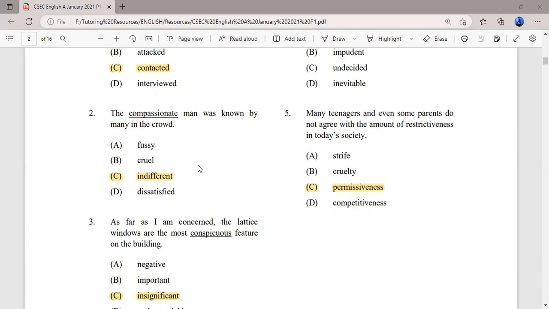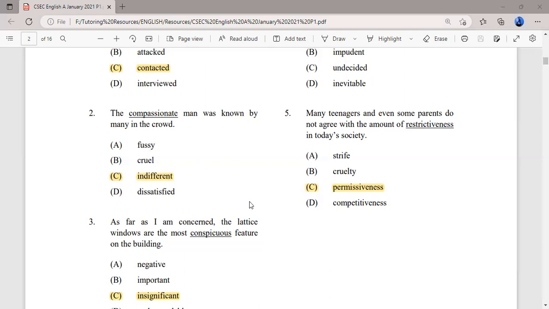They don't display as much emotion, they are not kind, etc. So again, think about the context of your sentence. Even though there might be a strong antonym there, ensure that you think about the other option or options that might be the correct answer.